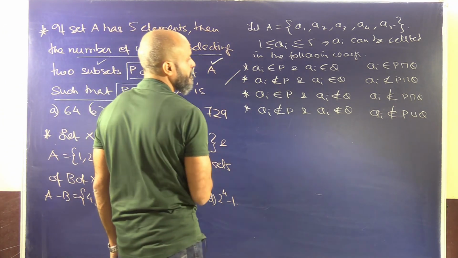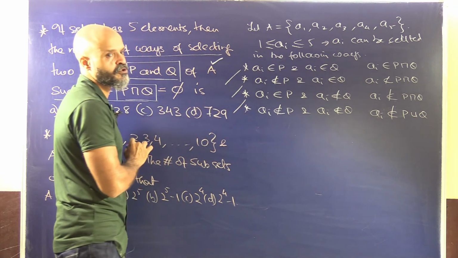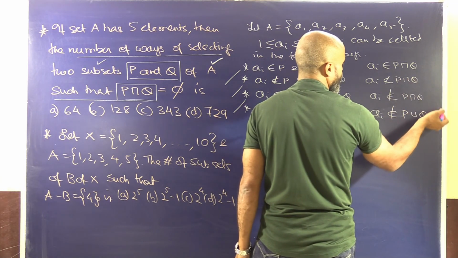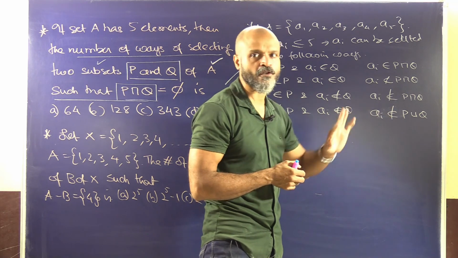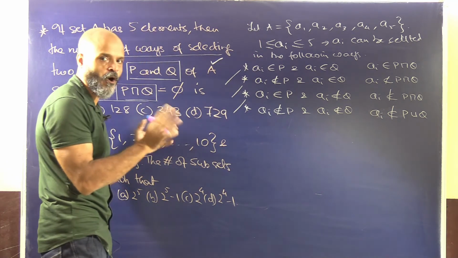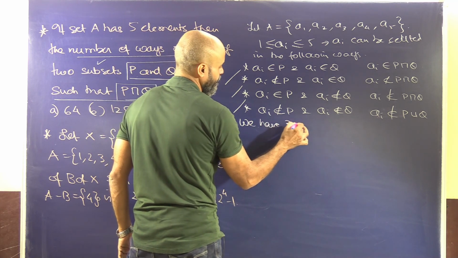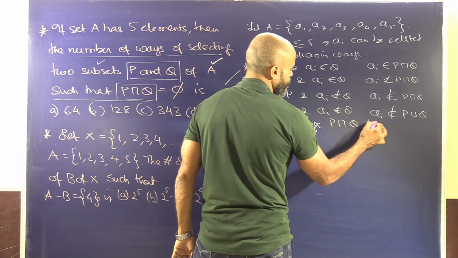So here also P intersection Q is 0, here also, and here also. Since no elements are there in this one, P intersection Q will be 0 or the null set. So we have 3 ways in which P intersection Q is 0.